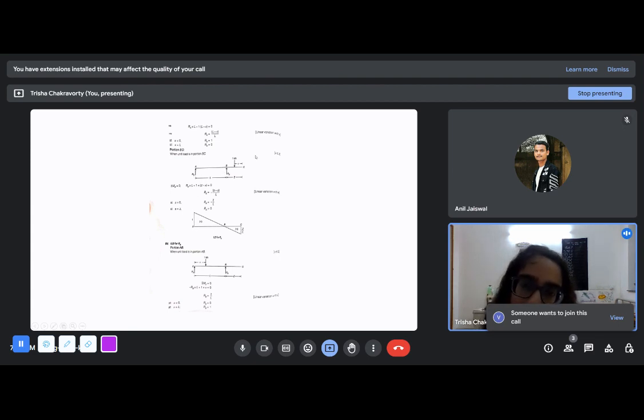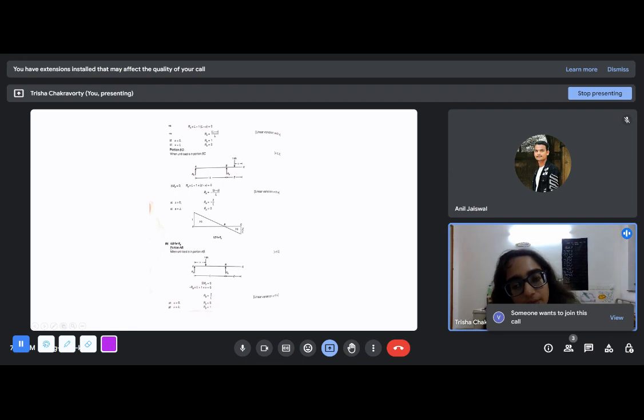So this RA is giving a moment in the clockwise sense, and this 1 kilonewton is also giving a moment in the clockwise sense when it is on the right side of B. So it is RA into L plus 1 into Z minus A. This overhang length is Z. And we get this minus Z by L expression. And when we draw this, we get an unbroken straight line. Influence line diagrams of a reaction force are always continuous, but don't take that for granted. You draw this and you will see that it comes in a straight line.